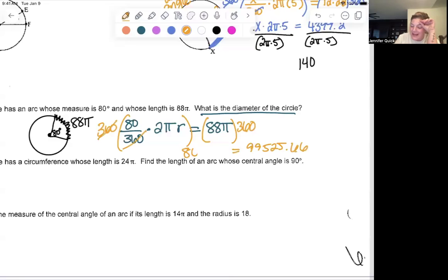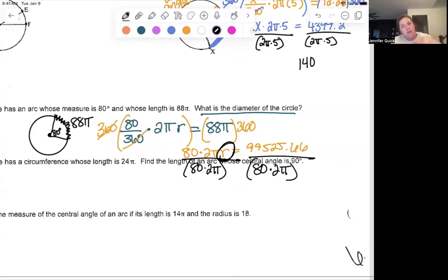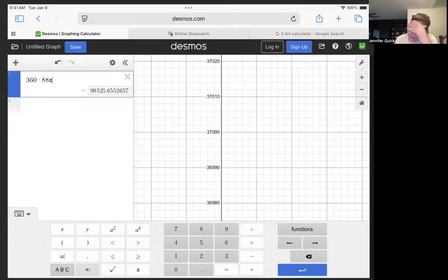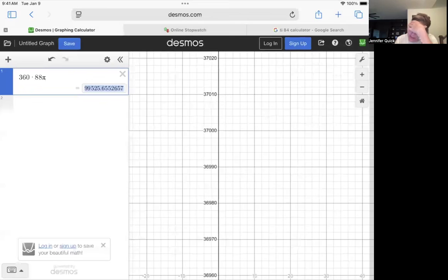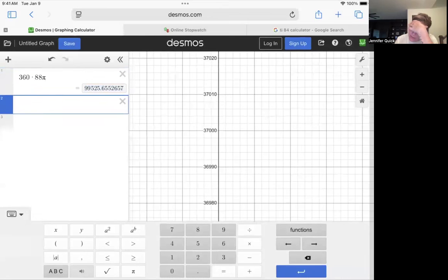You're left with 80 times 2 pi r. Okay, so here we go. We are going to divide by 80 times 2 pi because the unknown here is r. 80 times 2 pi. Be careful.